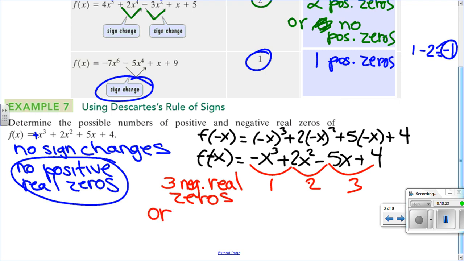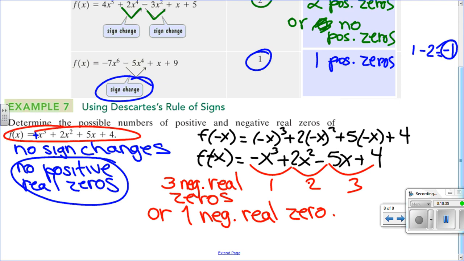Or if we subtract an even integer, such as 2, we could have 1 negative real zero. And since our polynomial is of degree 3, we know that we could have at most 3 zeros without counting multiplicity.